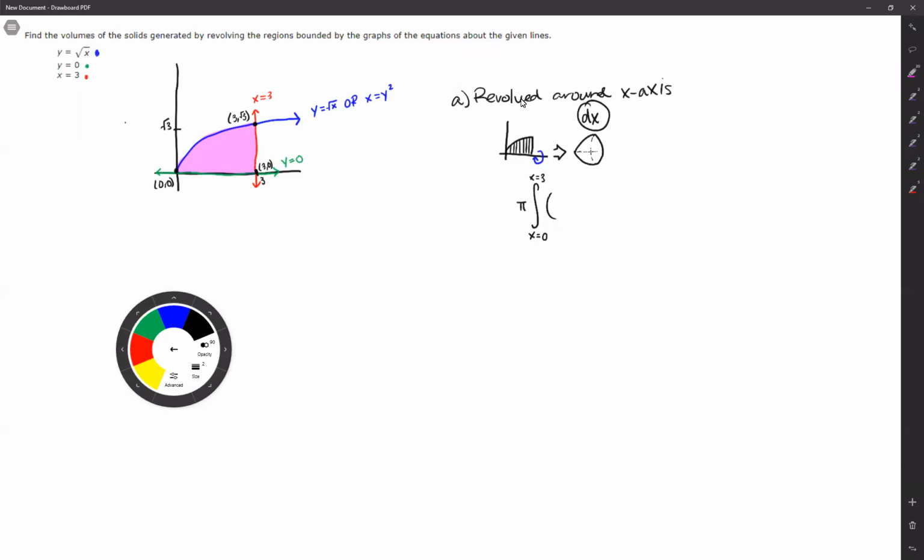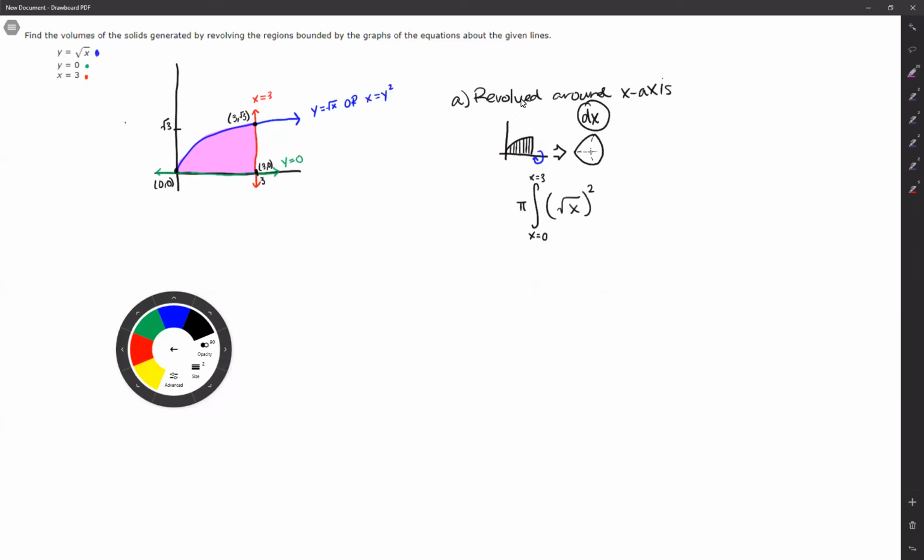Okay, so with respect to our axis of revolution, which is the x-axis, the curve, right? The curve is y equals square root of x, right? We want y equals square root of x and not x equals y squared because we're doing this dx. We want everything in terms of x. So our big radius is square root of x squared. And we don't have a little r.